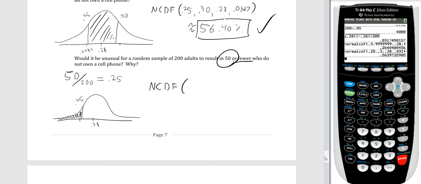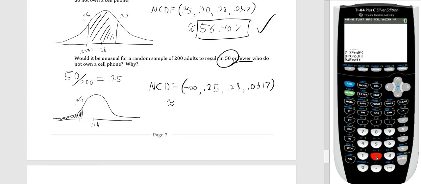So here, our lower bound is negative infinity, followed by 0.25 as my upper bound. Then a mean of 0.28, standard deviation of 0.0317. All right. So over in our calculator, we can hit second, vars, 2.